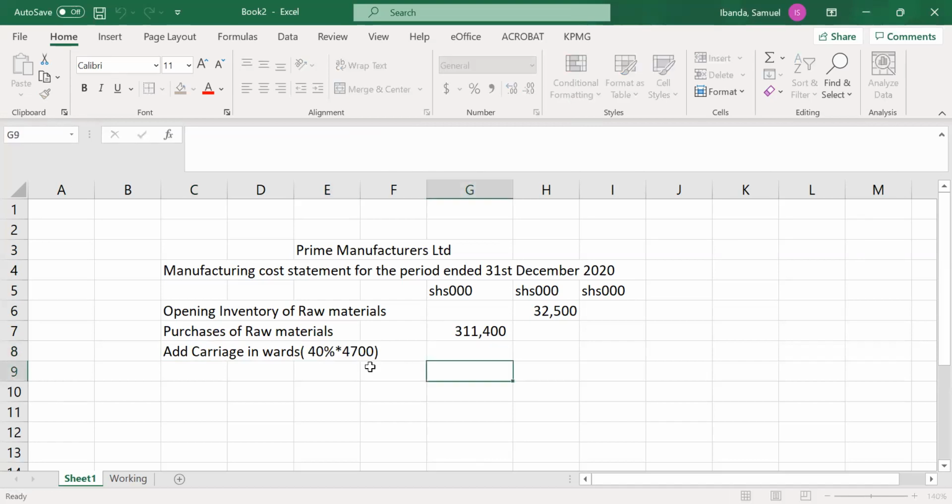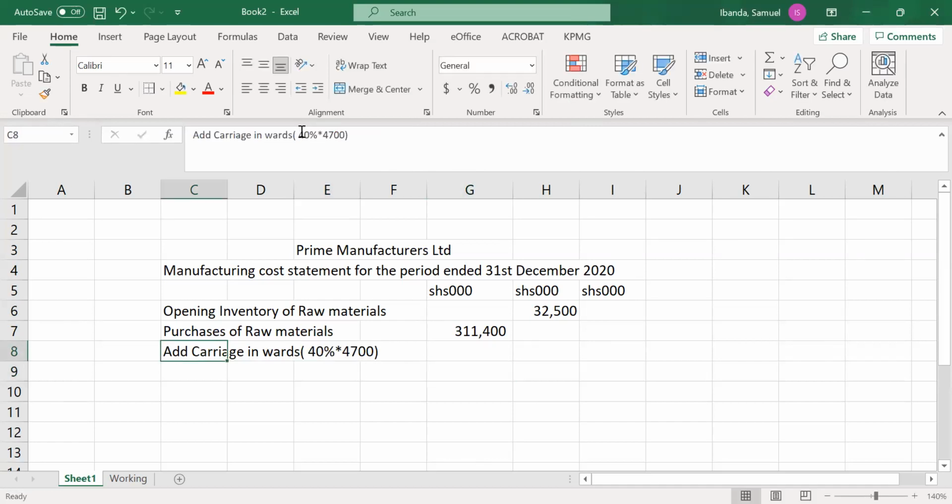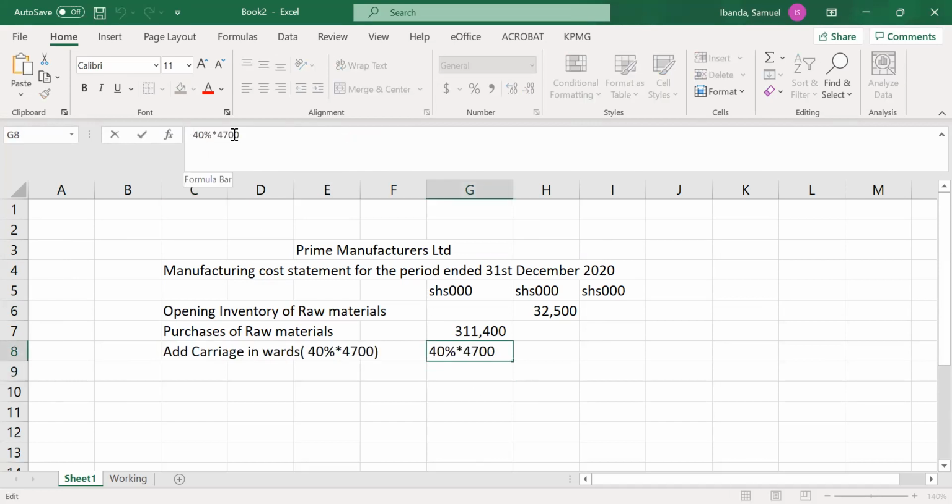So when I get the value, let's try to use my Excel. You can press your calculator. This gives you 1880. That is what you basically get.